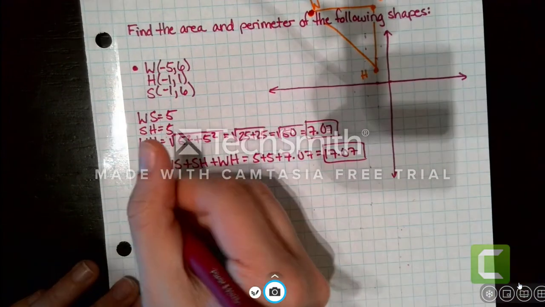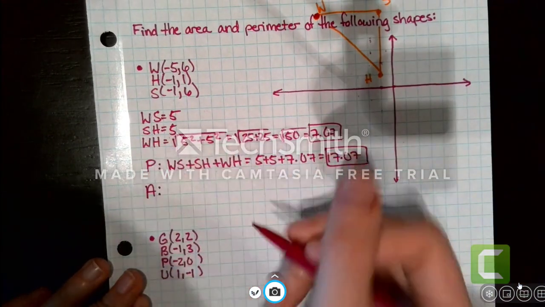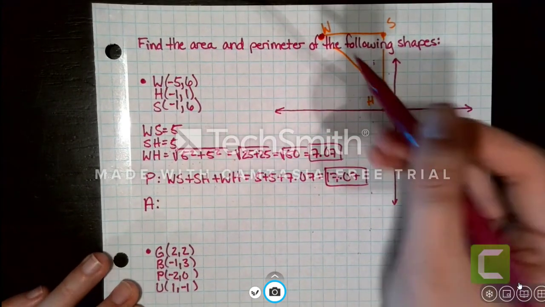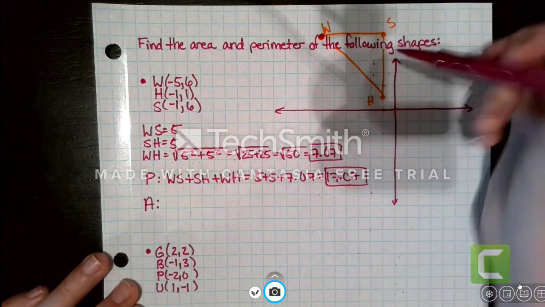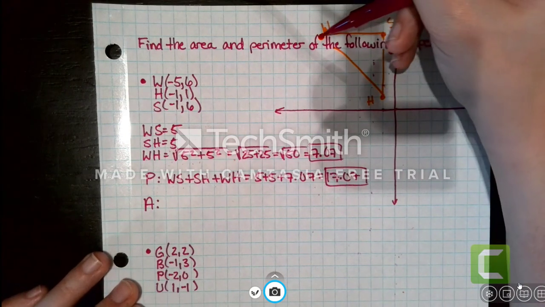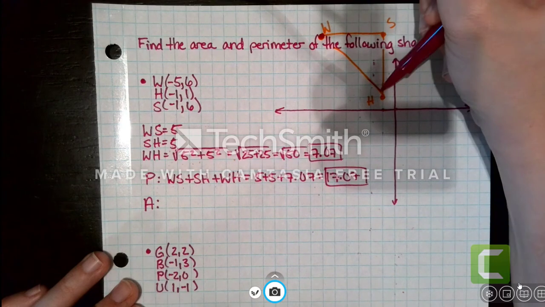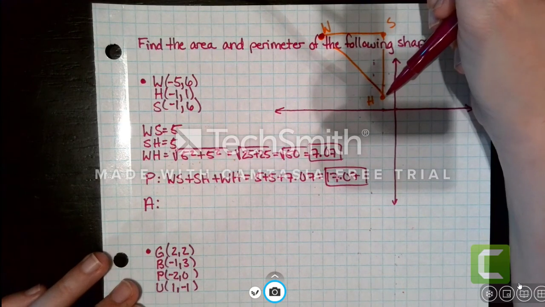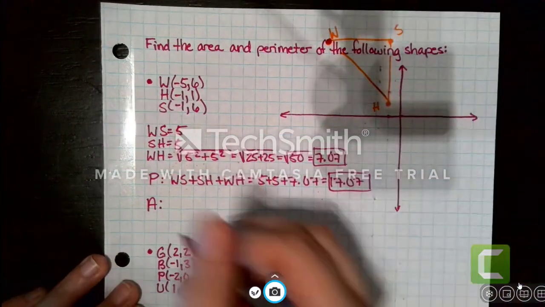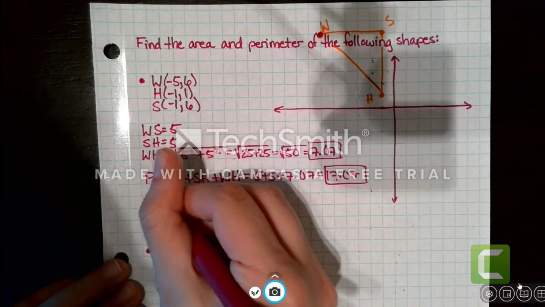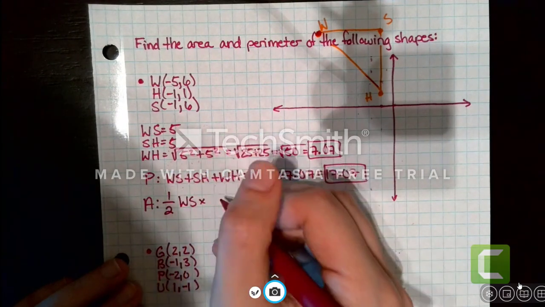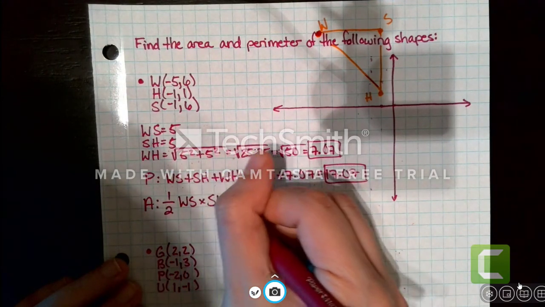So for the area, again, the area is going to be reliant on WS and SH because we can declare this side to be my base and this to be my height if I so chose. If you would like to, you are more than welcome to work with WH as your base, but if we can avoid the decimal, we typically will. Stick with your whole numbers if you can, which means for the area, I have 1/2 my base of WS times my height of SH.